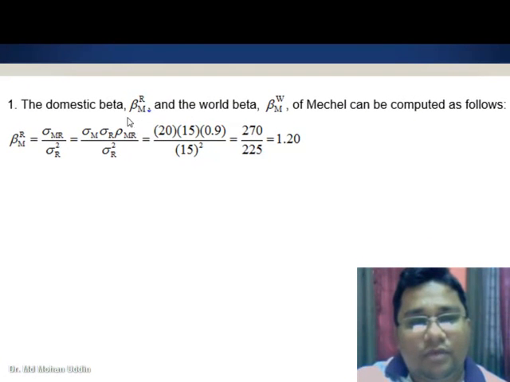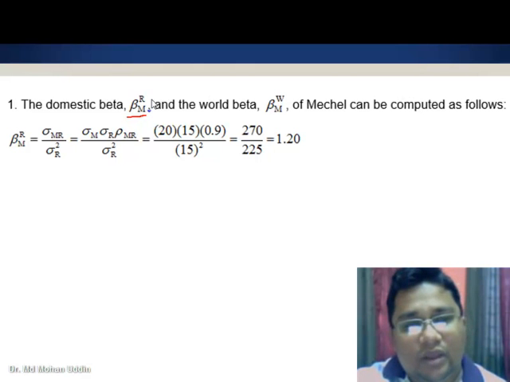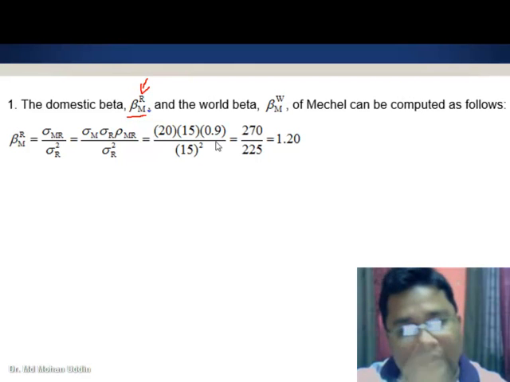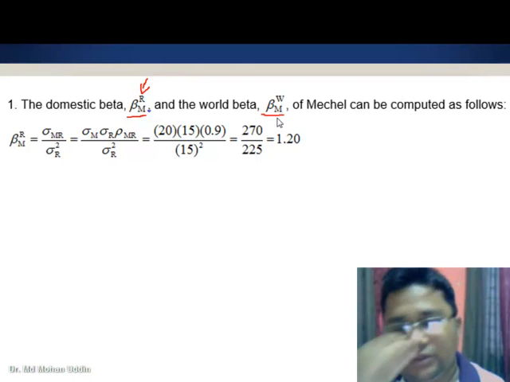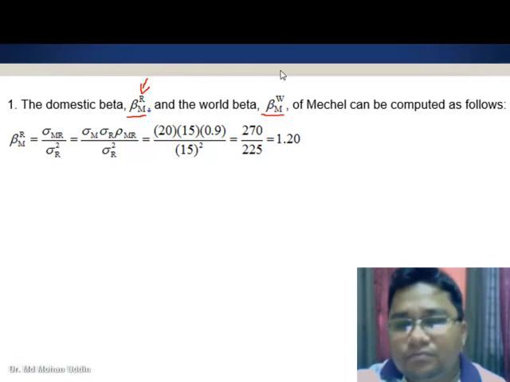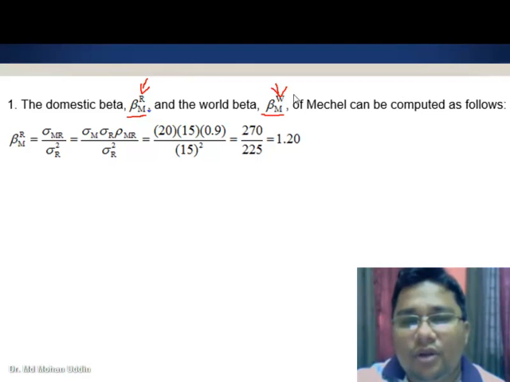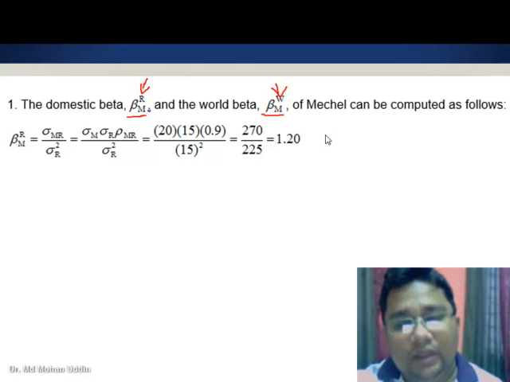We have given a notation for that: beta m for market, and R for Russia, the first letter of the country name, because this is the domestic market. The world beta is also given the notation beta m, because this is also considered a market, and W for the world market of Michelle.